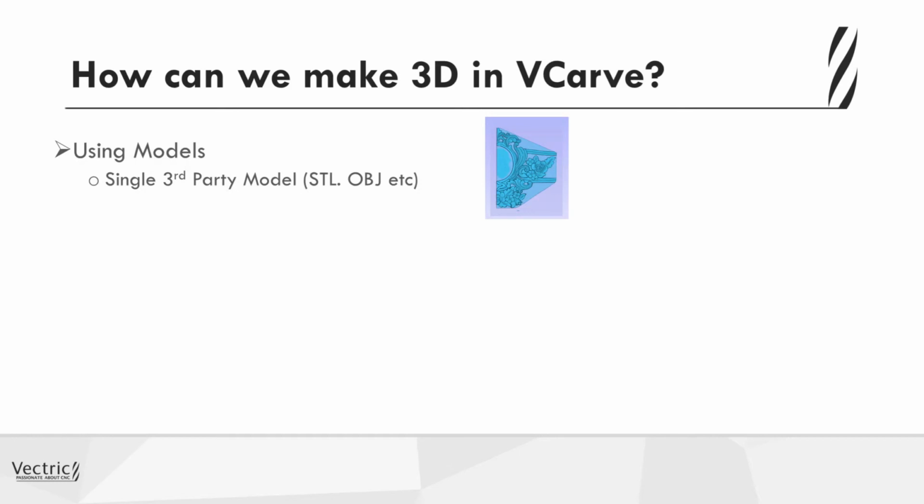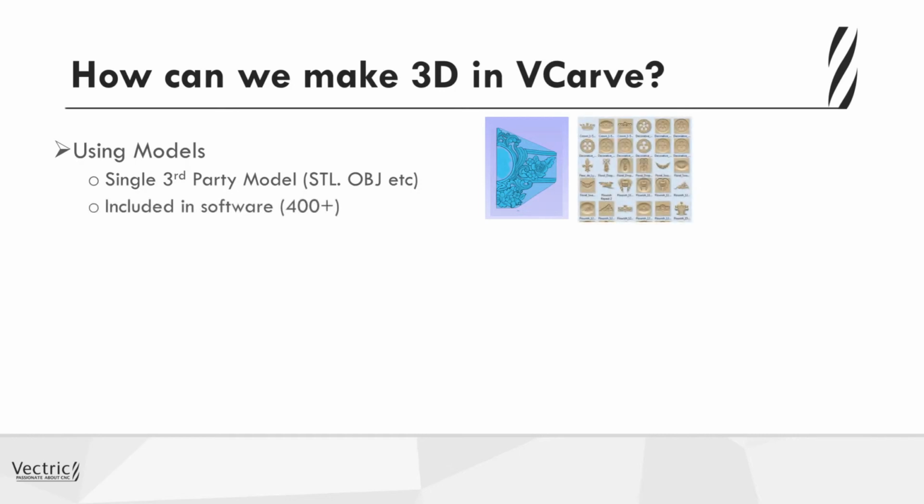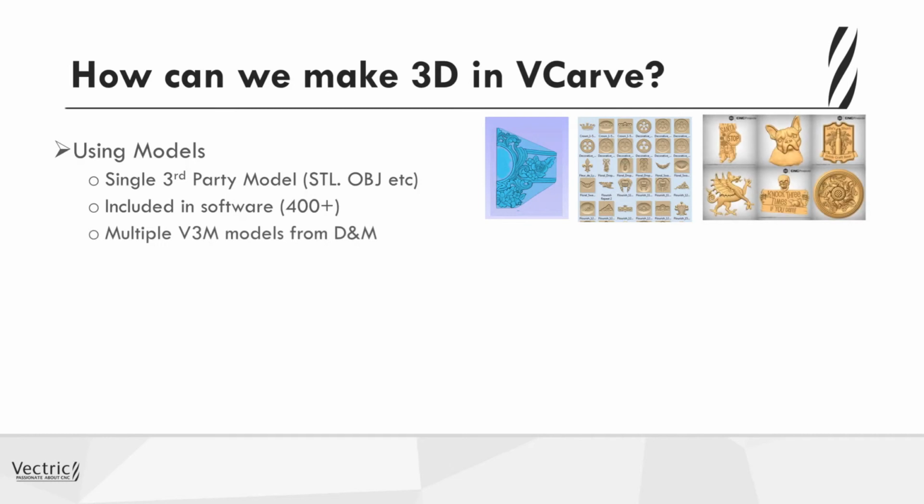Before you even open your software, you already have access to over 400 pieces of clip art that is included with VCarve. With the release of version 10, you also have access to select a free Design and Make project too, which leads me to my last resort for quality clip art, and that is designandmake.com.